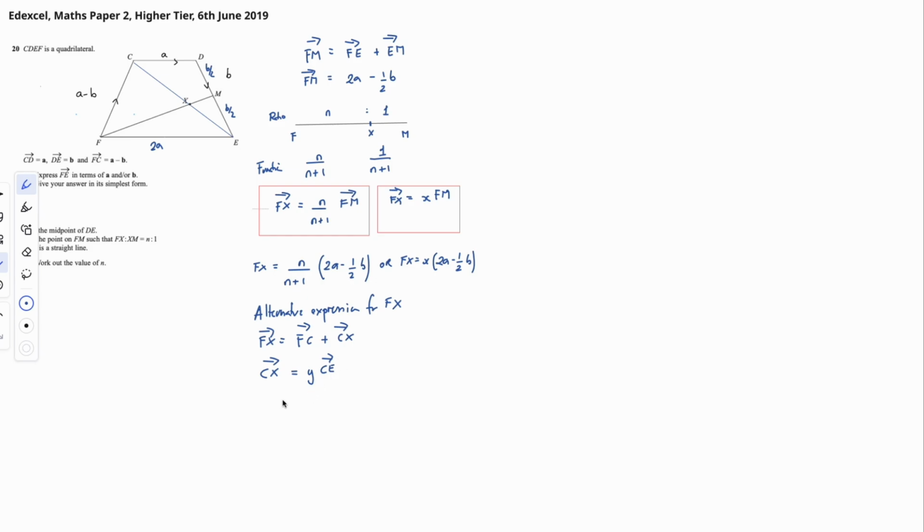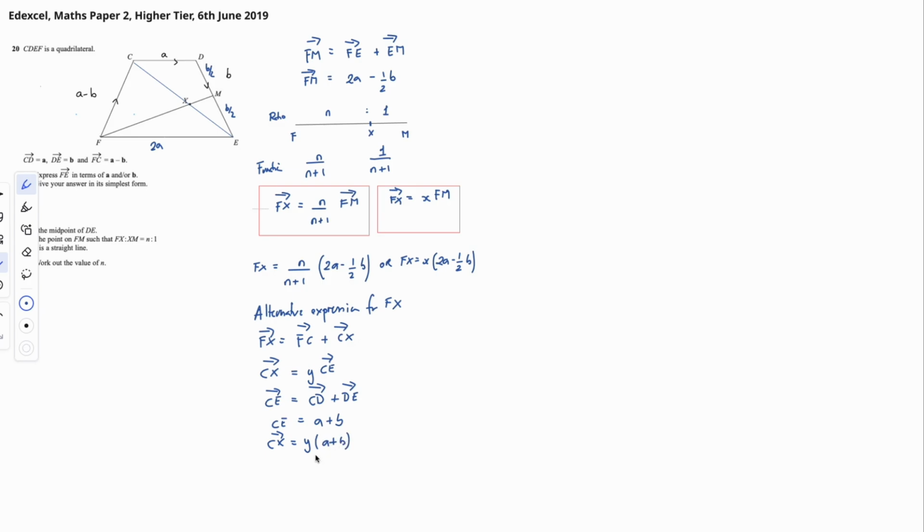We also know that C to E is equal to C to D and D to E. So we could do C to D plus D to E, which gives us a plus b. So CX now is equal to y(a plus b).